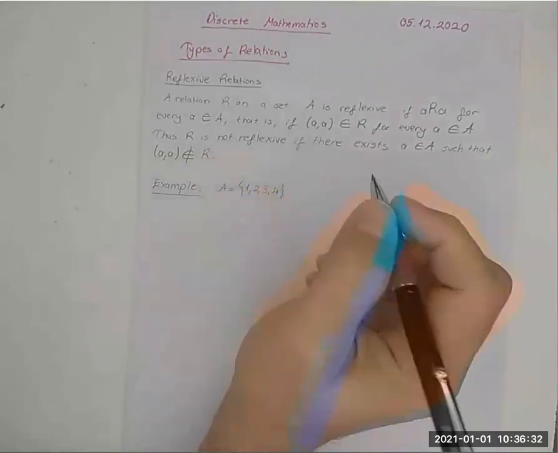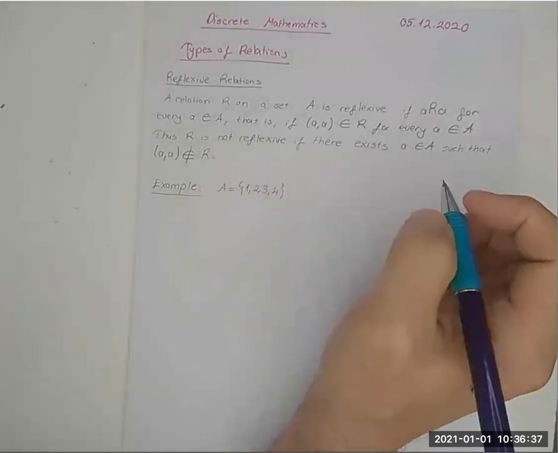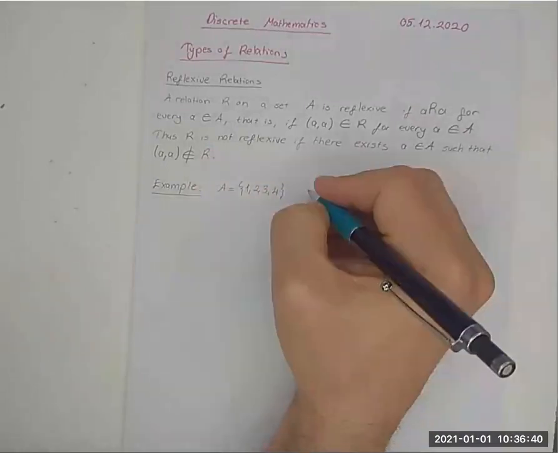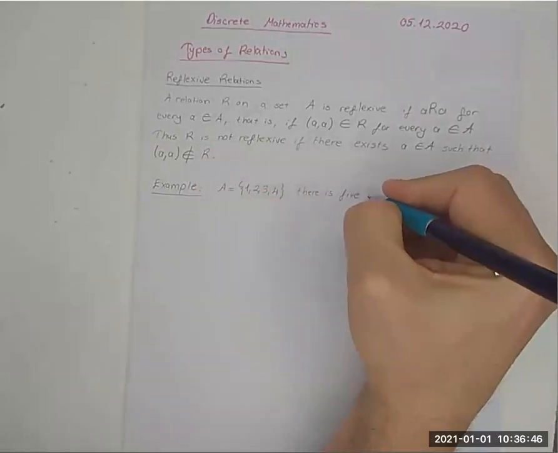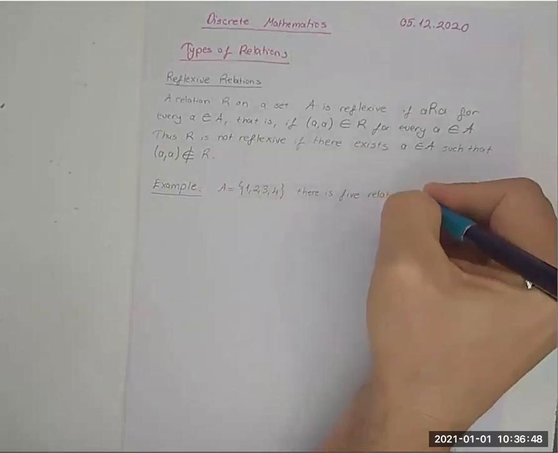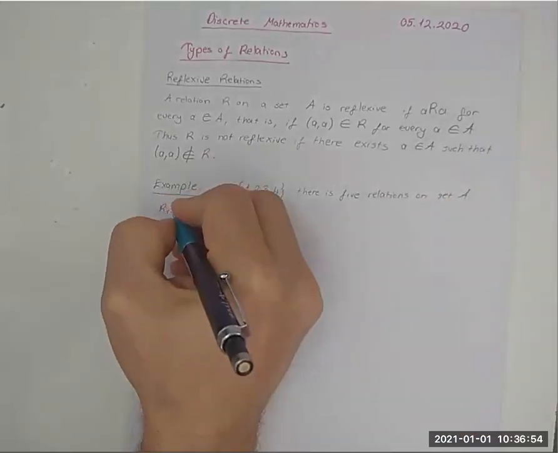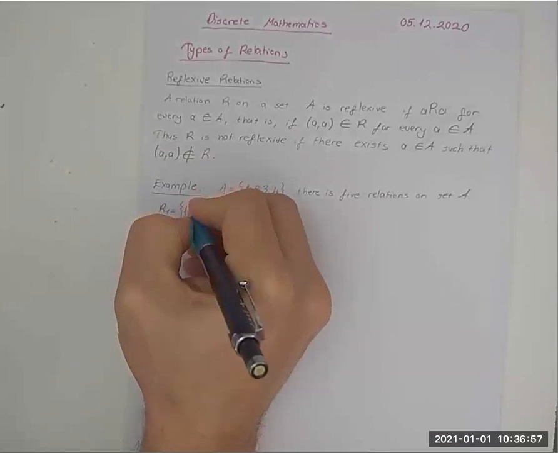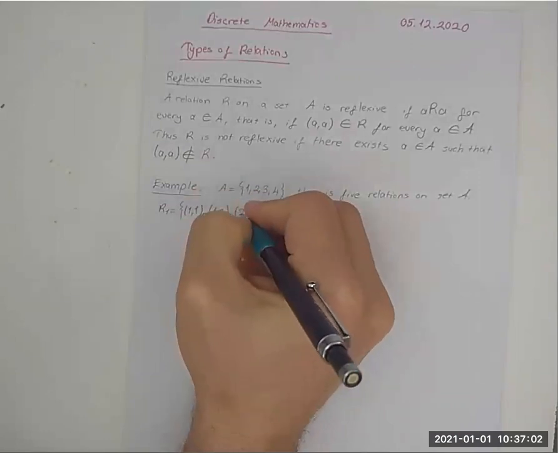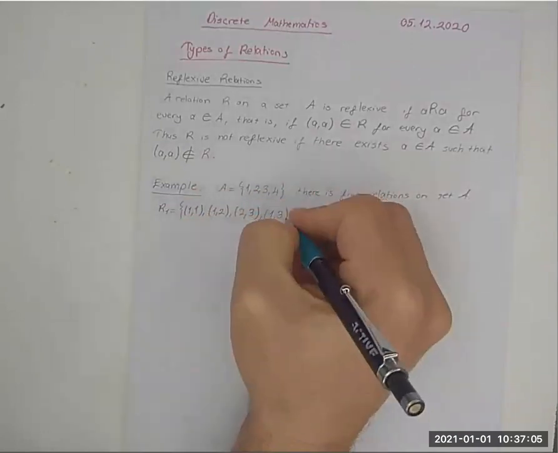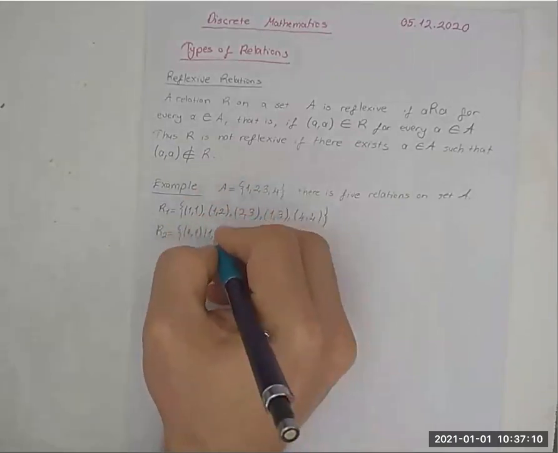There are relations R1, R2 on set A. R1 is equal to the pairs (1,1), (1,2), (2,3), (1,3), (4,4), and that's it.